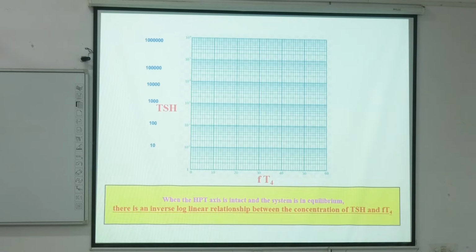But this is a semi-log paper, where this axis is linear and this is the logarithmic axis. So this is 10, 100, 1000, 10,000, 1 lakh, 10 lakhs. So FT4 has an inverse log-linear relationship with TSH.